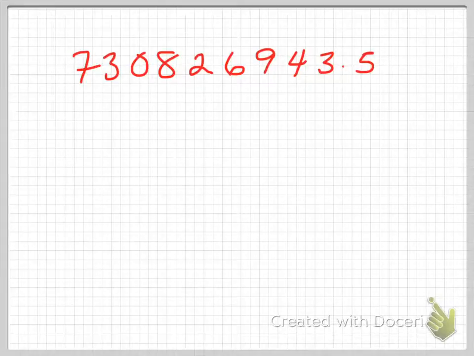Well, actually, hold on. First of all, let's do the easy case. Let me add something here. So 1, 2, 3, 4, 5, 6, 7, 8, 9, 10, 11, 12. Okay, so we now have 12 places, 12 digits. And let me make sure that that decimal point is clear. What if we had to round this to 11?